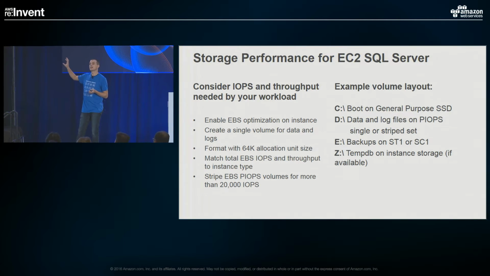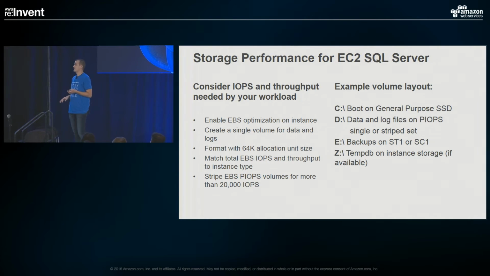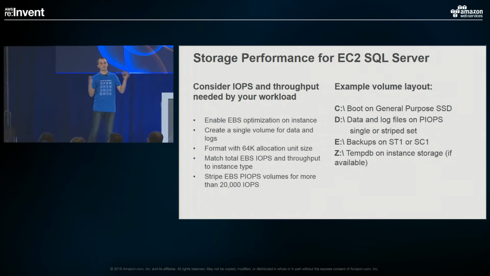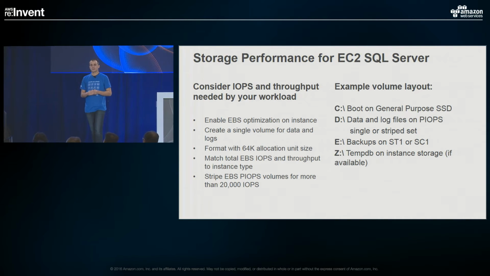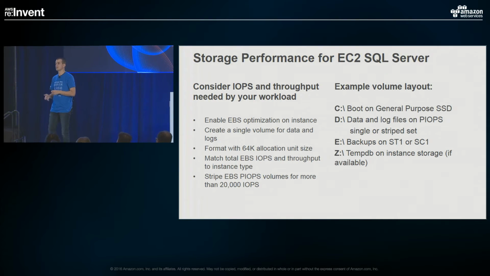That can be a magnetic volume, either ST1 or SC1, because reading and writing those backup files is generally a sequential operation, so you can benefit from the performance optimizations of those types of volumes to get those activities done quickly. And then finally, you would put tempdb on instance storage, if instance storage is available.